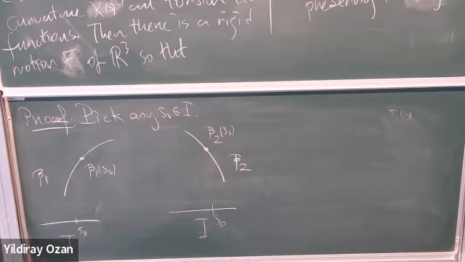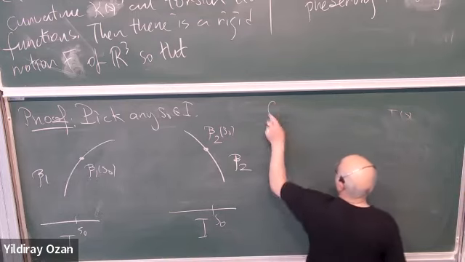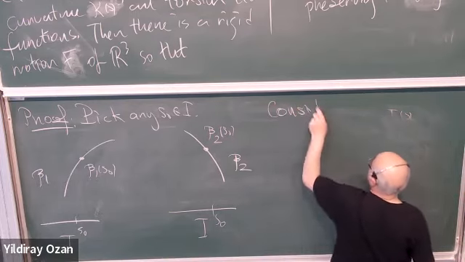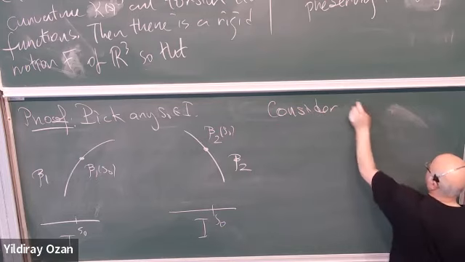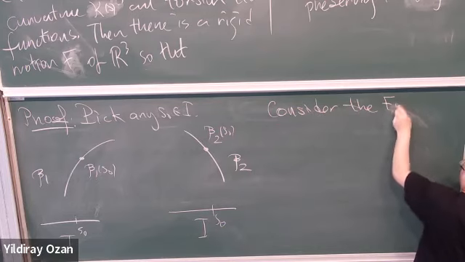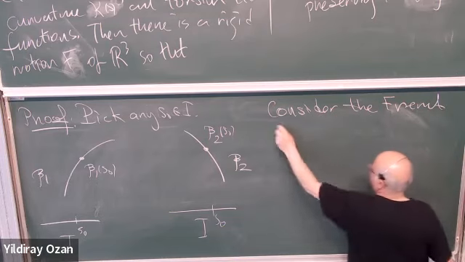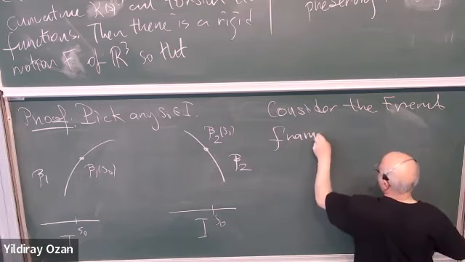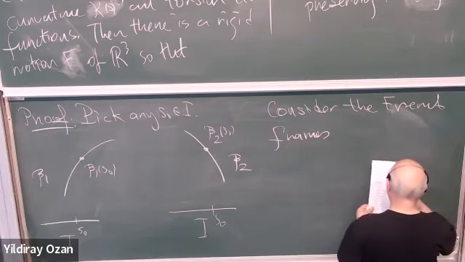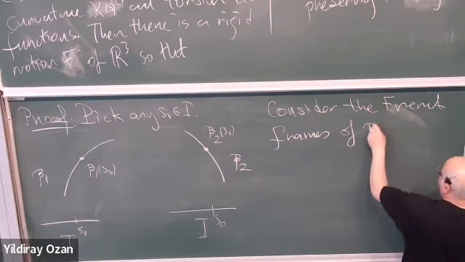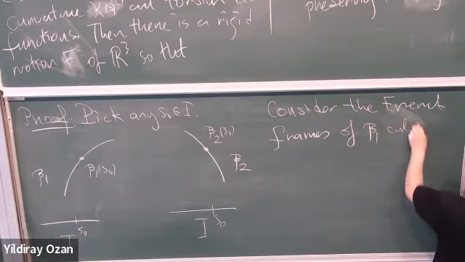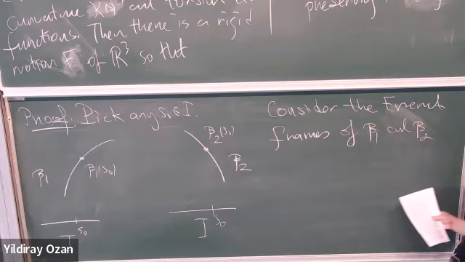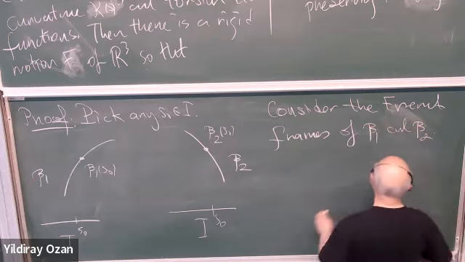Now consider the Frenet frames of beta 1 and beta 2 at S0.